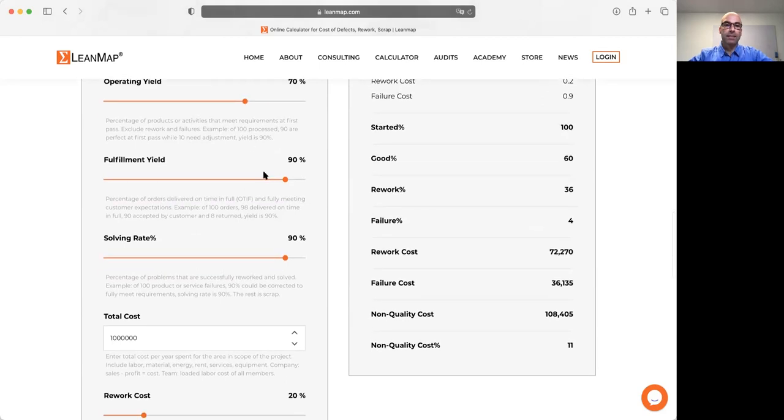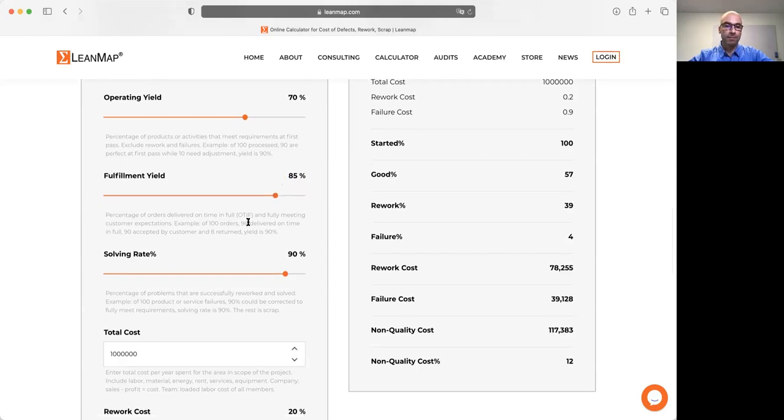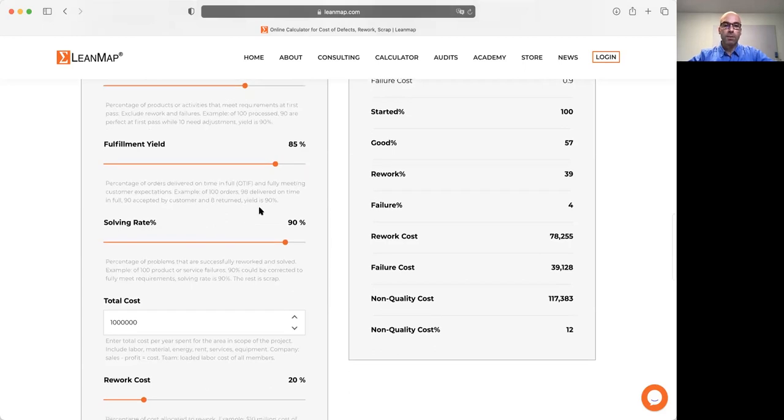And the customers at the end, that's the fulfillment yield, whatever we send the customer, let's say we are sending 90% out on time in full. And not all customers are happy. So even though it's on time and in full, maybe they're not quite happy with what they got. So we have 85% fulfillment yield. Out of all these problems, we can solve 95%.